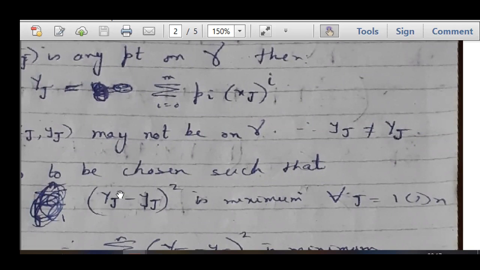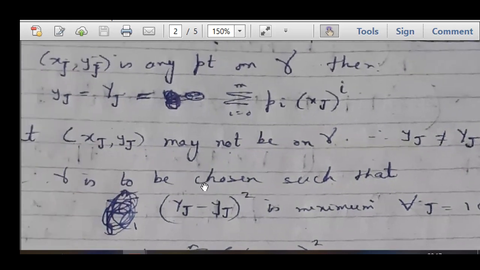We do not know whether these observed data points lie on the curve which we are assuming, so we will choose the curve in such a way that the distance between these actual points given to us and the points which we should get if we assume that the points lie on the curve we are taking, that means capital Yj, is the minimum. That corresponding curve will be our curve of best fit.